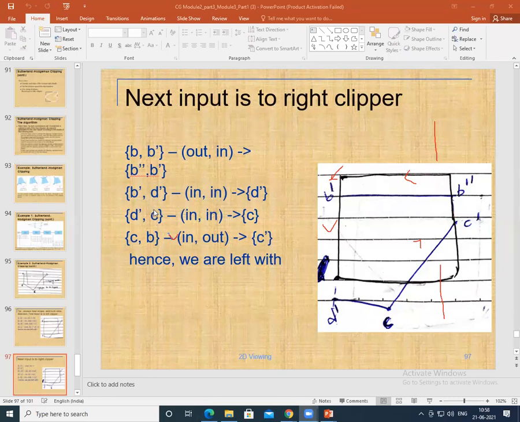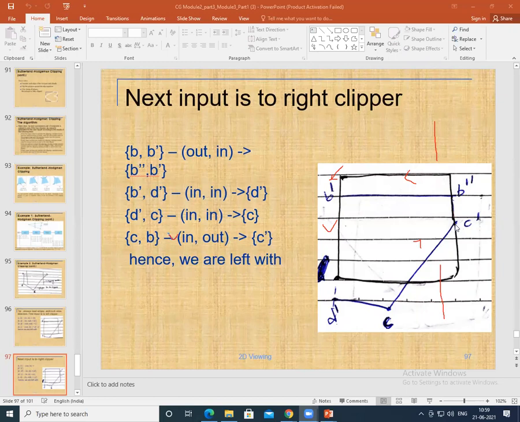When we have in, out, in, which vertices are you going to take? B bar D bar is again in, so you take D bar only. D bar C is in, so take C only. Next you have CB, in-out, so when you have in, you take the intercept C bar.